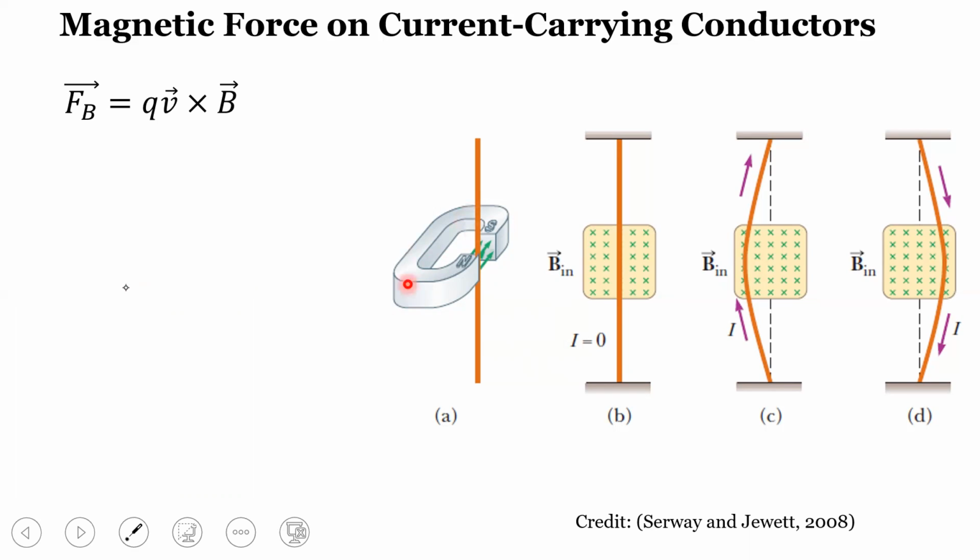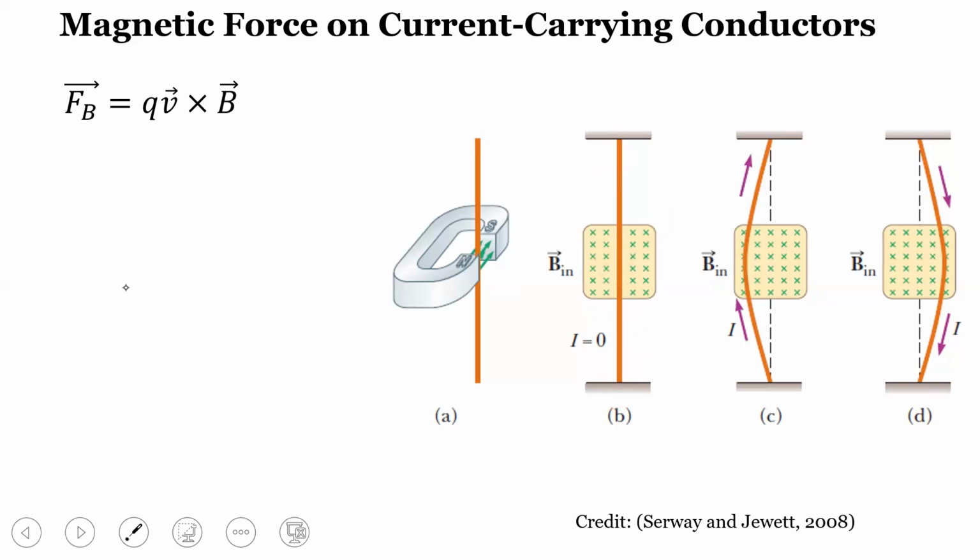So we can replace this diagram with the other ones where we see that our north pole is outside the screen and the south pole is behind the screen. And that means that the direction of our magnetic field is pointing into the screen. So scenarios A and B are just the same.